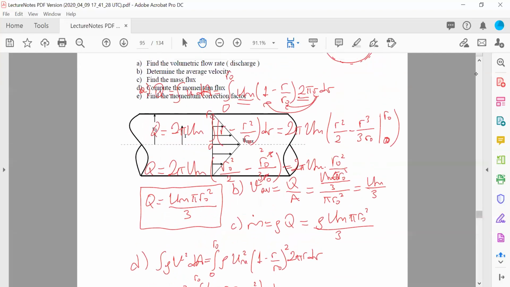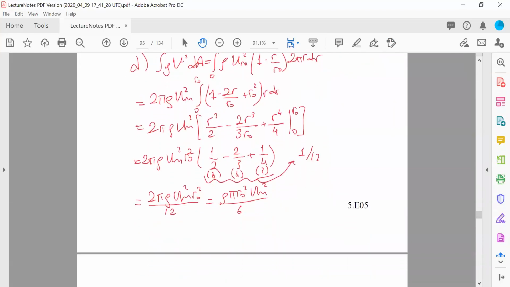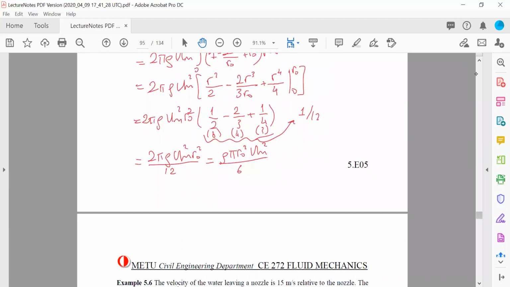And in part E, it is asked to calculate the momentum correction coefficient beta. We know that this coefficient is to be multiplied with the momentum flux if we are finding the momentum flux by using the average velocity.